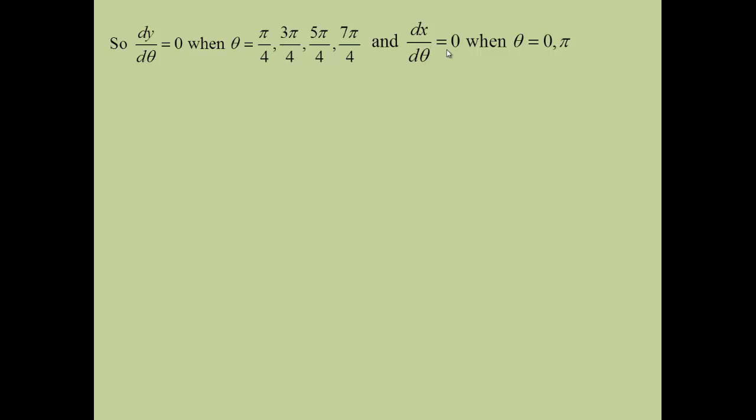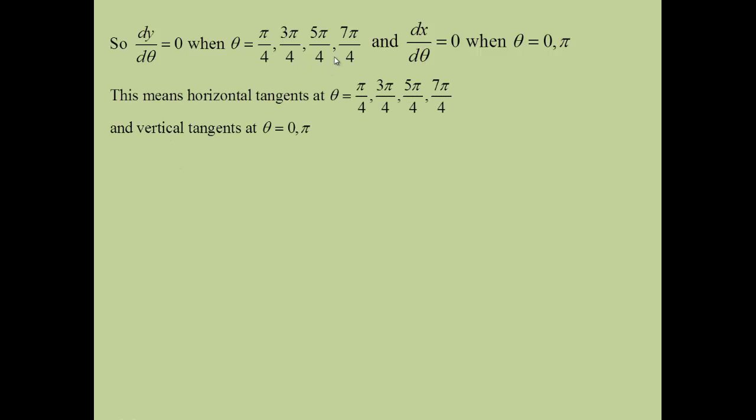Likewise, none of the values where dx d theta is 0, 0 or pi, are over here where dy d theta is equal to 0. So what that means is these are the values of theta where we have horizontal tangents. These are the values of theta where we have vertical tangents.